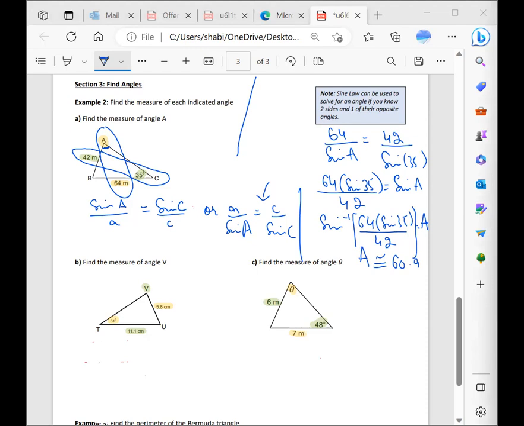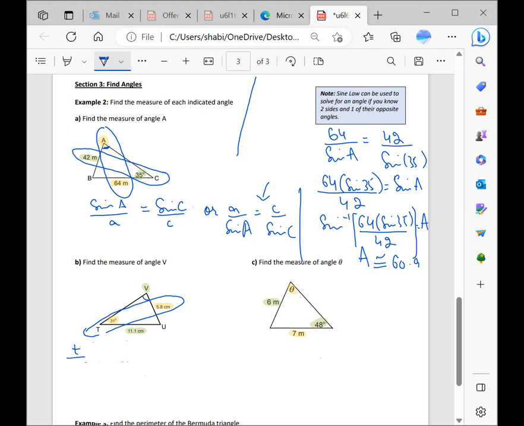Now, there is one more question here. I have sides V, U, and T, as well as one angle given, and I have to find the angle at V. So I have to find this angle here. So first of all, I have to see which of these letters has the side as well as the angle. So you can see it's T, because it has a side and it has an angle.